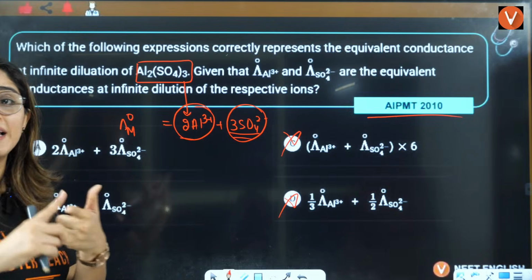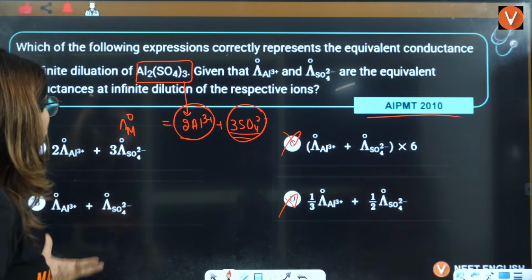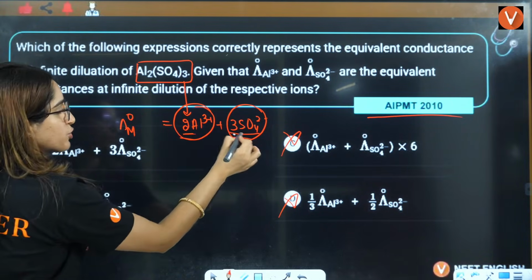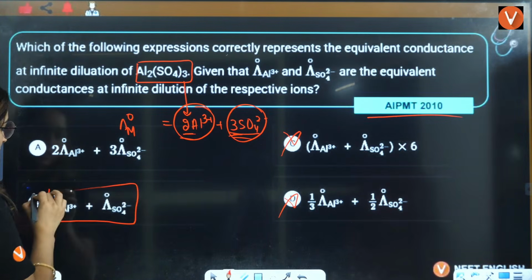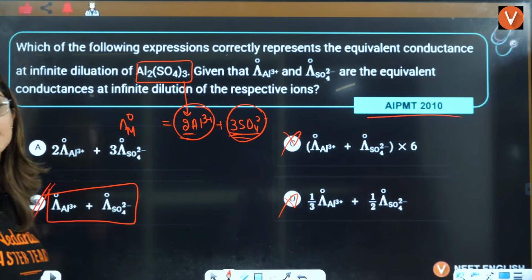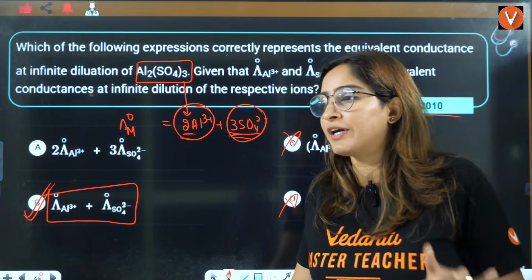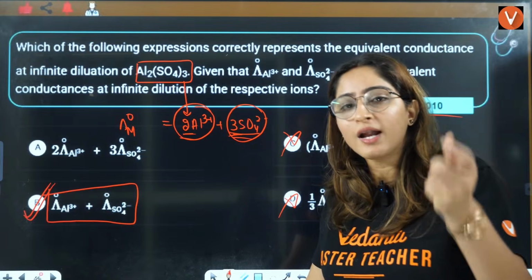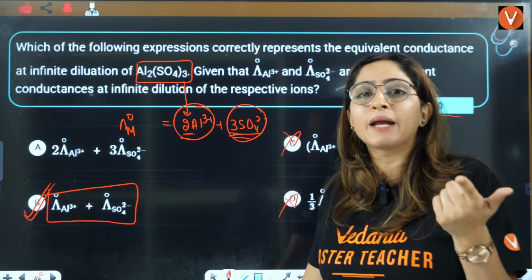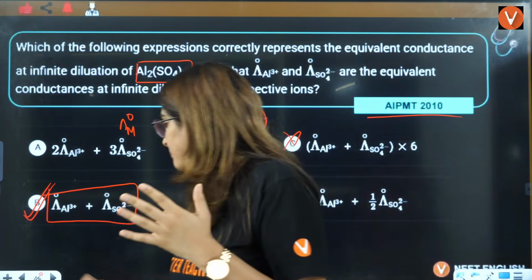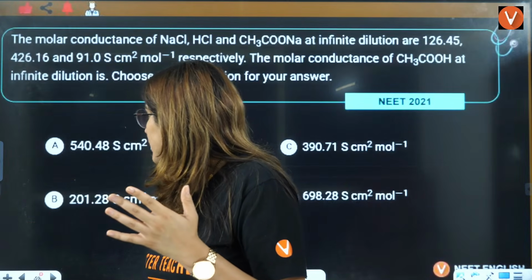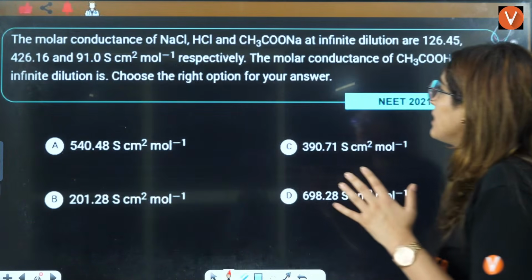But in equivalent conductivity, right, you will not multiply it with the stoichiometry. So equivalent conductivity is going to be simple. That is just the ions, right? For equivalent conductivity, because there is an n factor involved, that's why we don't multiply it with the stoichiometry, right? So that's why the answer is going to be B, that is the correct answer.